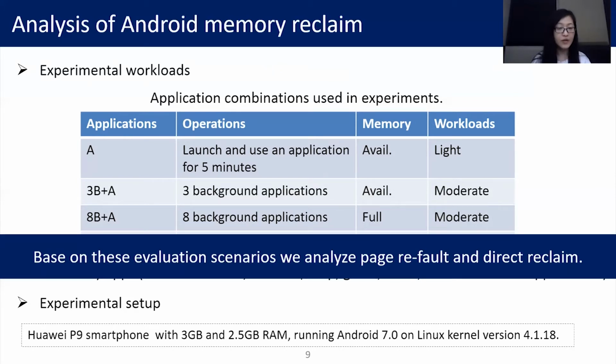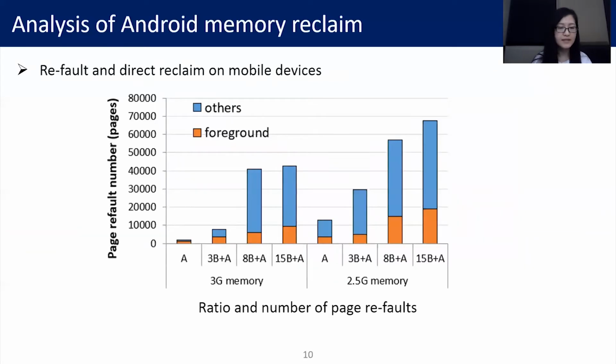Based on these evaluation scenarios, we analyze the above two factors, page refault and direct reclaim. First, let's see the number and the ratio of page refaults on mobile devices. The main y-axis is page refault number. The higher is worse.